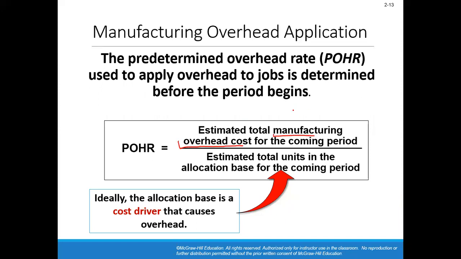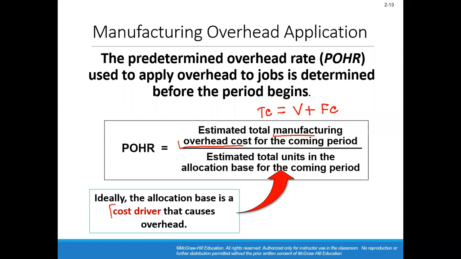Think of it as including two parts. One is variable, another part is fixed. So we have to determine the total cost. It is the numerator. And how will we determine the rate? I will determine the rate by dividing this total cost by the allocation base.